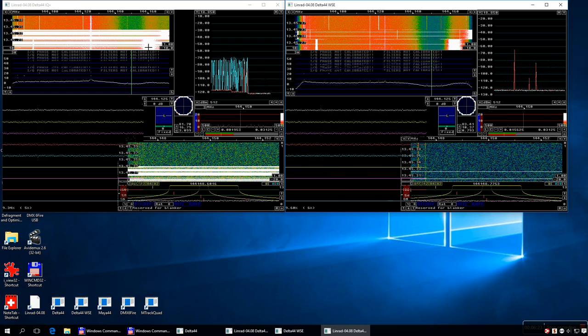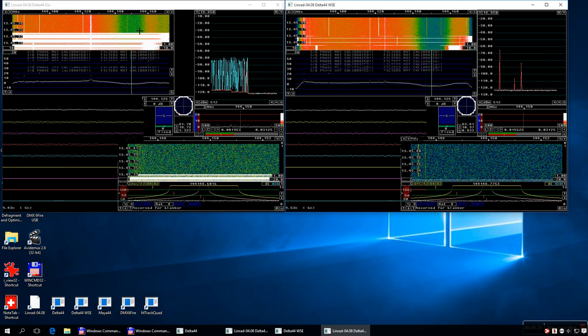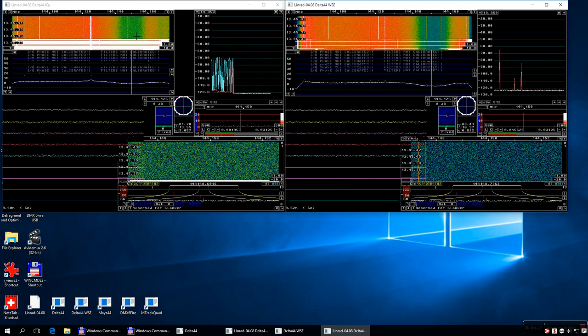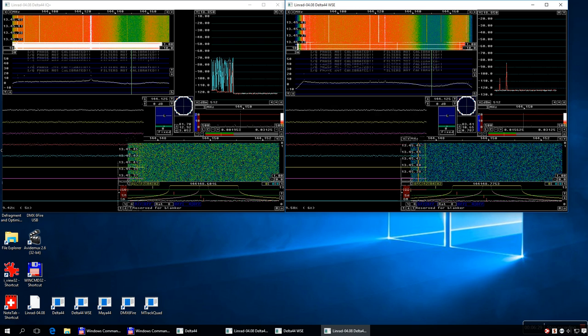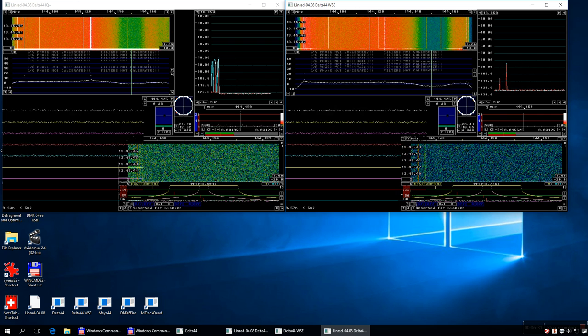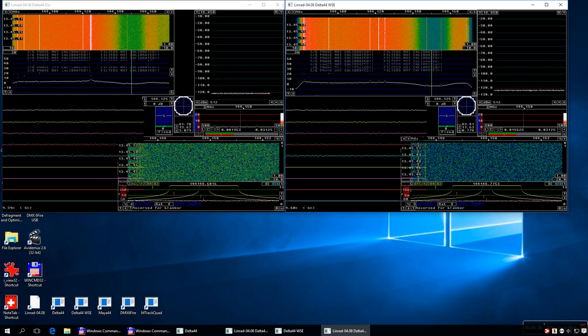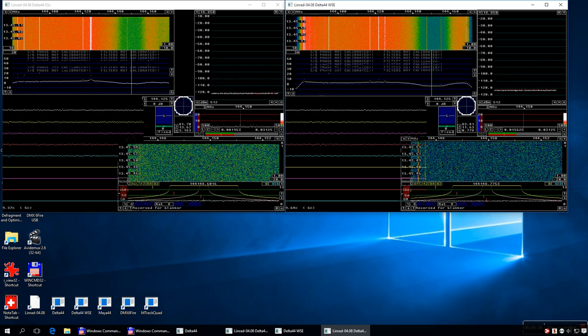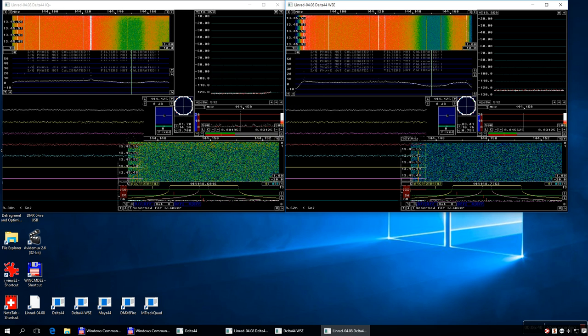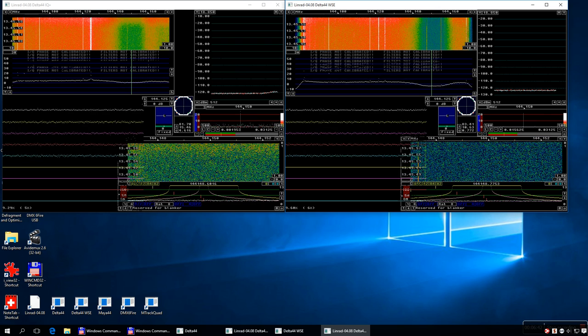Then you can see in both receivers, we can see the notch having some effect. Going up in signal level, 1, 2, 3, 4, 5 decibels, nothing happens.